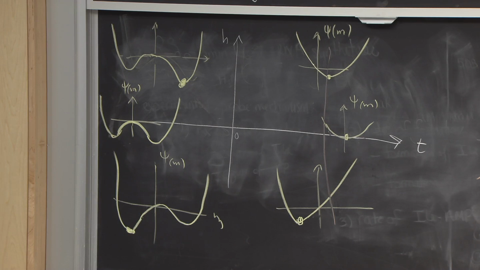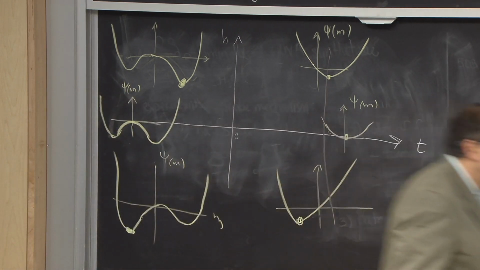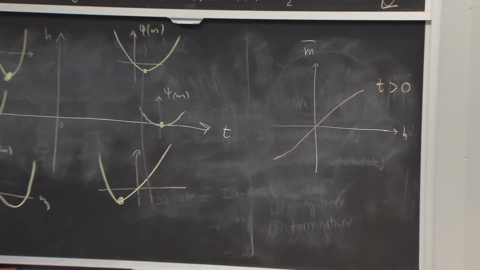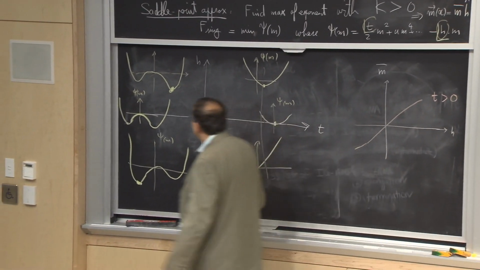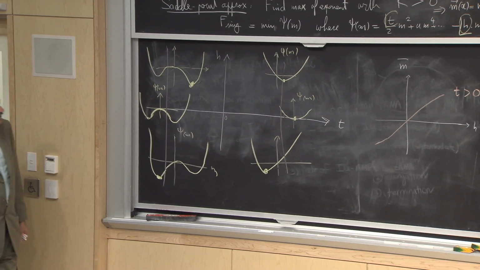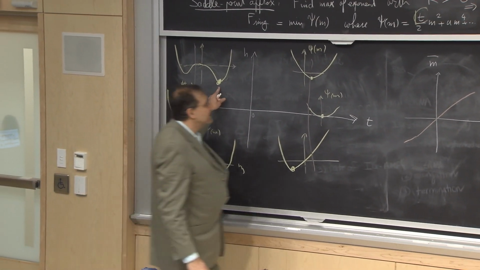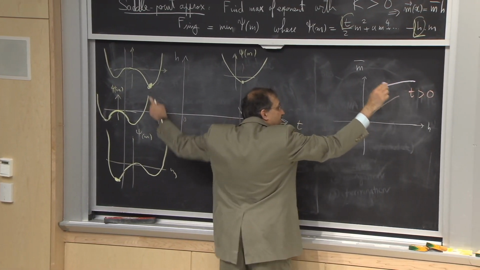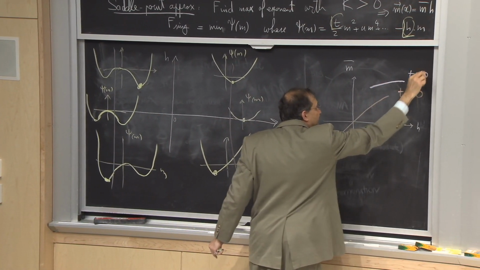Okay? So now, if I follow a path that corresponds to these t negative structures, what do I get? What I get is that the extremum is at some positive value. So this is for t that is negative.